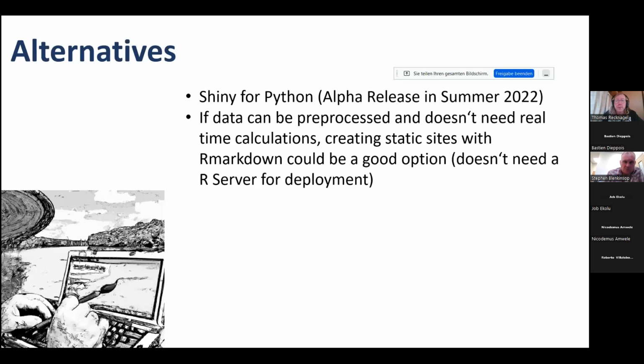You could just use R on a workstation to pre-process your data and create static sites, also using JavaScript for example, but then deploy these sites, and then you would only need a standard HTML server, and you would not need a server with R running to deploy the application or the data to your clients.